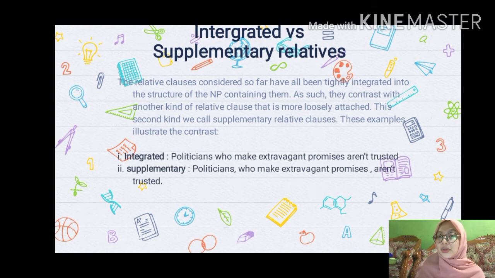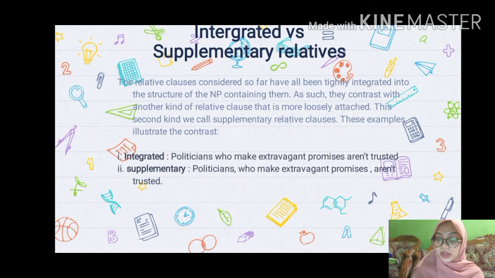This second kind we call supplementary relative clauses. These examples illustrate the contrast. First is integrated: Politicians who make extravagant promises aren't trusted. And supplementary: Politicians, who make extravagant promises, aren't trusted.